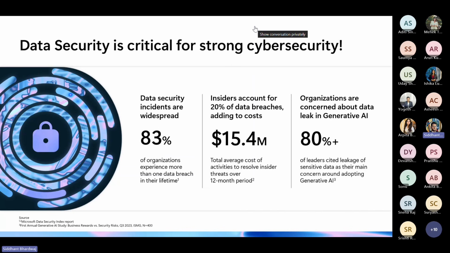When we talk about data security, you can see a few stats on the screen, and these are real stats from 2023-24. Data security incidents have increased by 83%. I think one of the most concerning factors in this comes to AI. While AI and external threats are always there, insiders within your organization, meaning your employees, intentionally and unintentionally become the reason behind these data breaches and large-scale attacks.